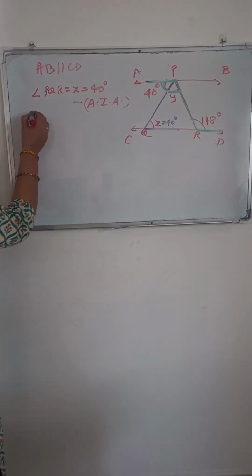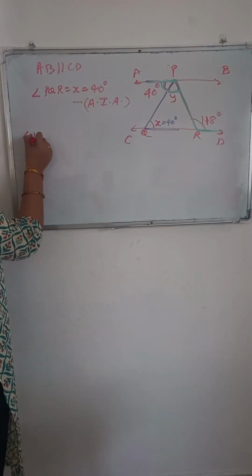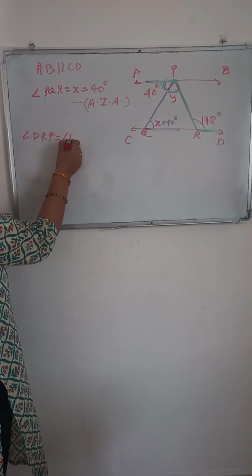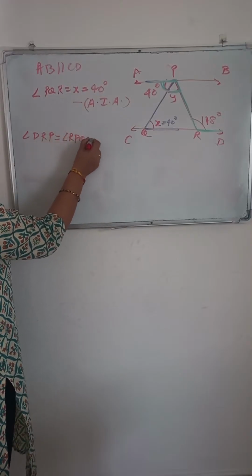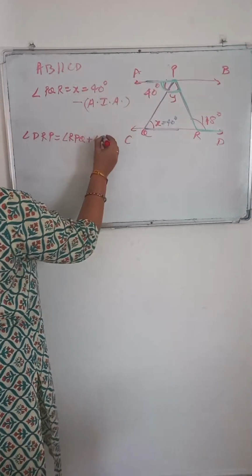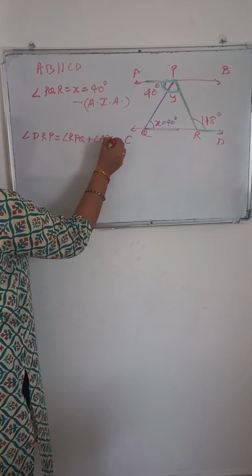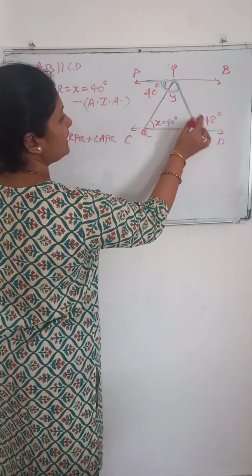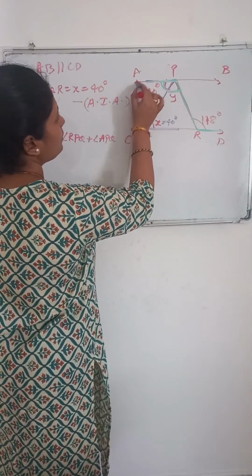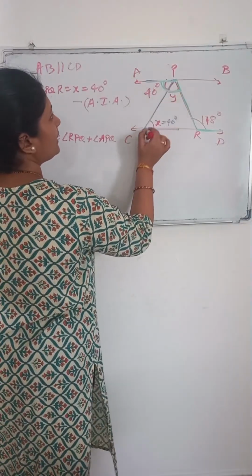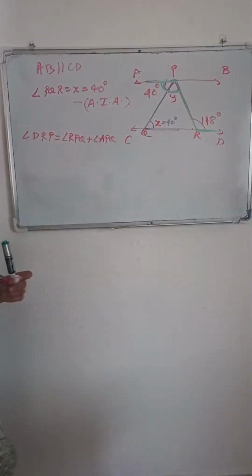I will write here angle DRP is equal to angle RPQ plus angle APQ. This entire angle is APR, that is APQ and QPR. I split it here.